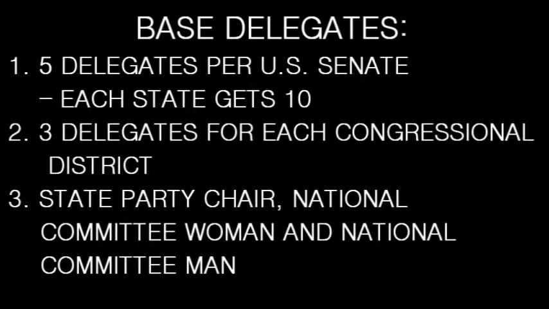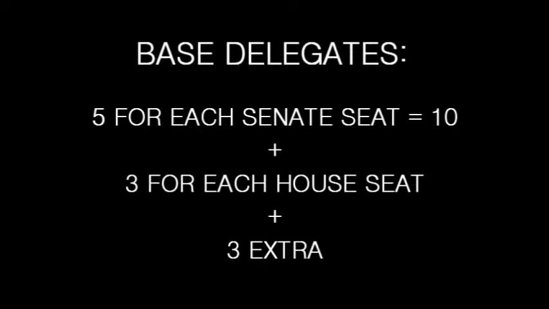In addition, the state party chair, the national committeewoman, and the national committeeman are also part of the delegation. So that's how you get the base. You get 5 for each Senate seat, 10, plus 3 for each House seat that you have. Then you also get the 3 extra.